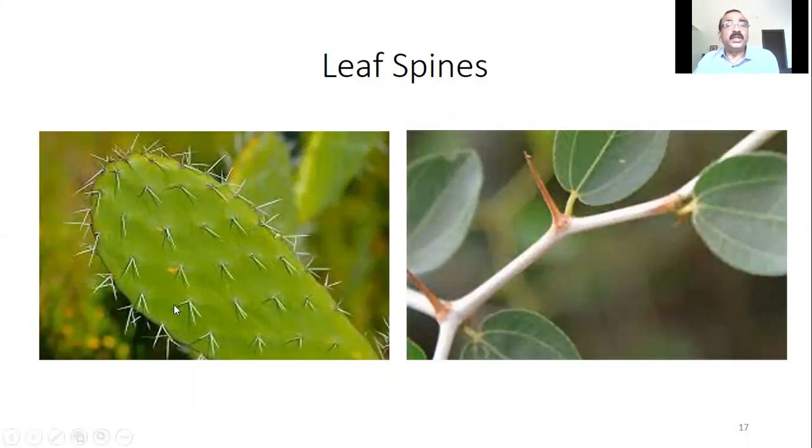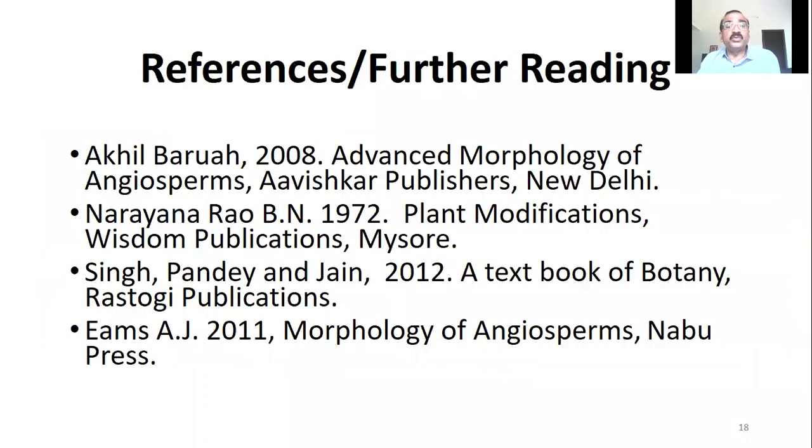Here the entire leaf is modified into a spine-like structure. This leaf-like structure is actually the modified stem, whereas this is the modified leaf. Leaves are modified into spine-like structures. This is the Zizyphus plant, where the leaf is normal, but the stipules are modified into spine-like structures. So these are called leaf spines. So these are the various types of leaf modifications.